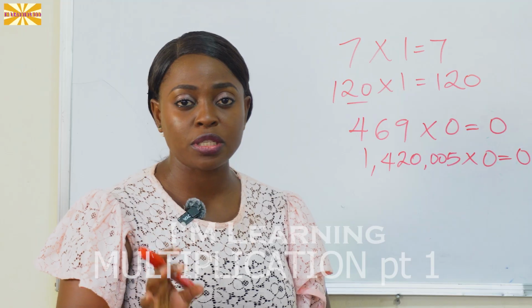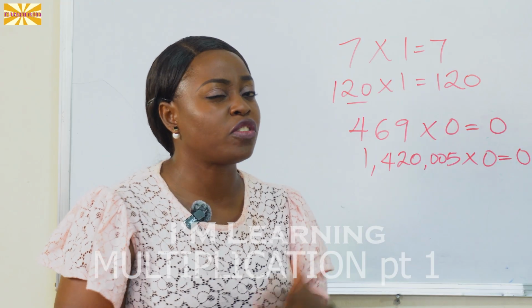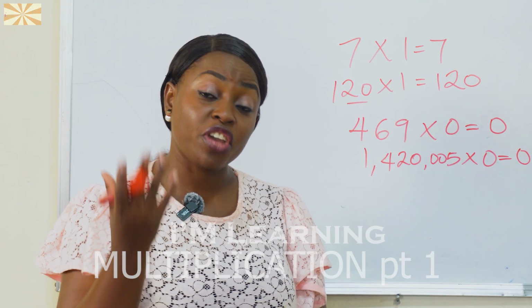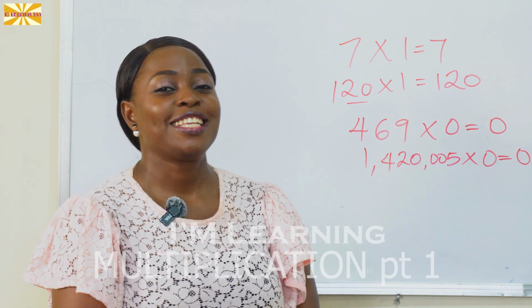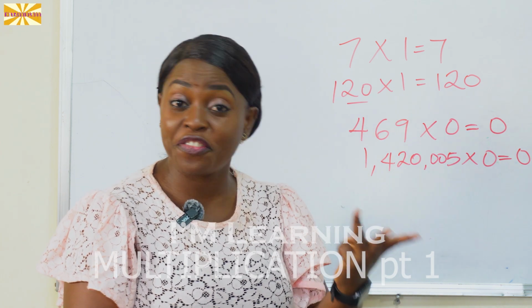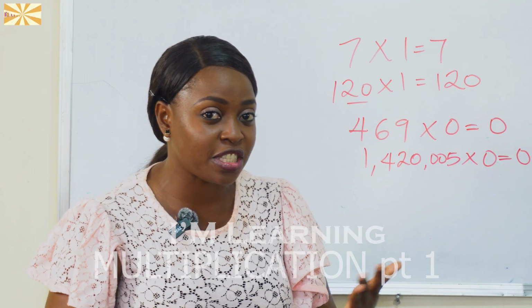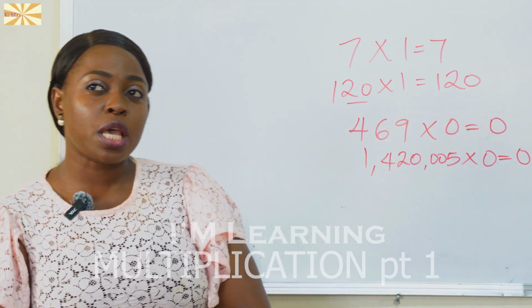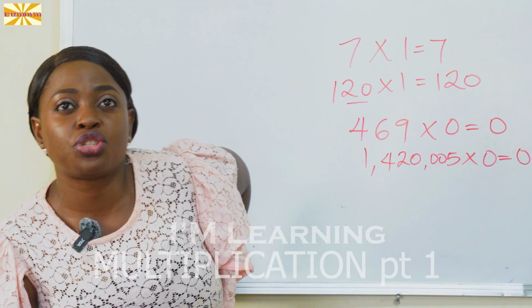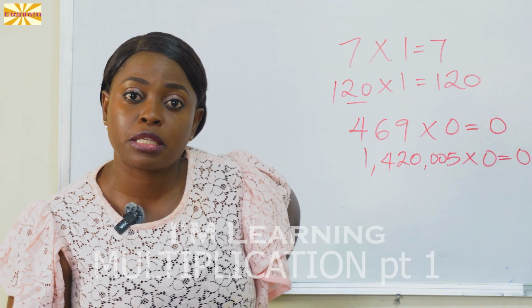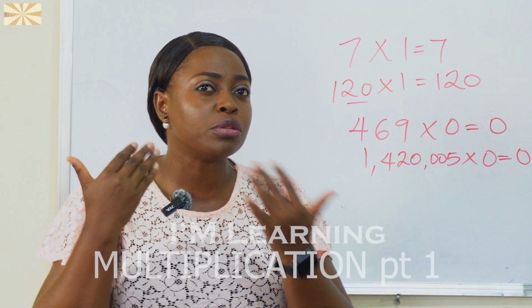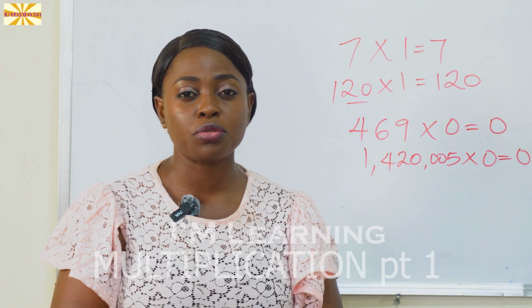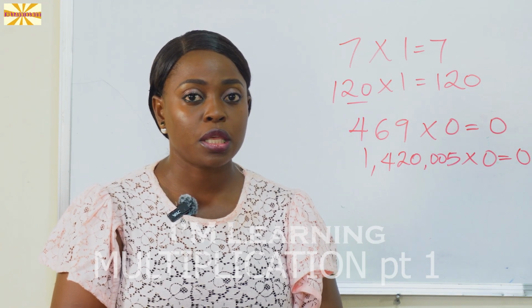Now, the next multiplication table that is super easy is your 5 times table. For your 5 times table, you're basically skip counting in 5s. So you have 5, 10, 15, 20, 25, 30, 35, 40. Say you're asked a question like 5 times 8, and you are not quick to remember the answer, and you say, oh, let me count to get the answer.